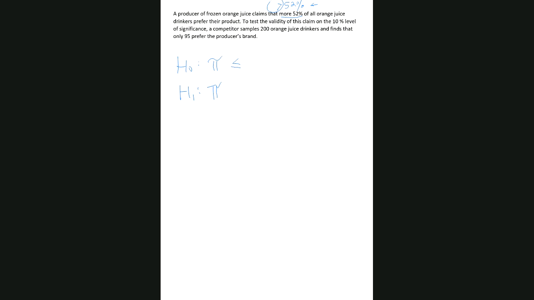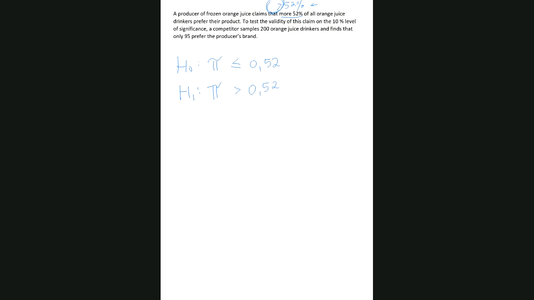And then the claim being made, greater than 52, will go into your alternate hypothesis because it didn't have the equality sign attached to it. And then the 52% you'll write as a decimal, so that would be 0.52. So it's very easy early on to tell what your null and alternate hypotheses will be simply by looking at the question and the wordings that they use in terms of the claims being made.